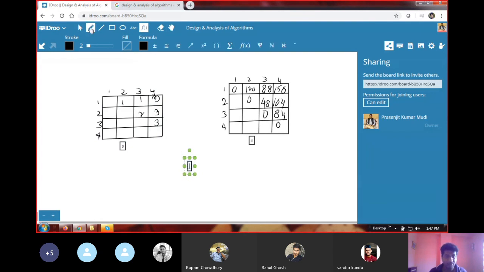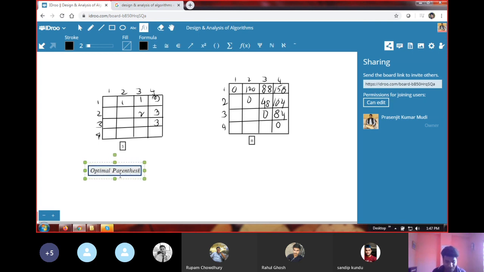So this is the M table, this is the S table, okay, and we got all the suboptimal results. Now we want to combine the suboptimal results to form the parent optimal solution, which is the dynamic programming. Our solution is the optimal parenthesization.